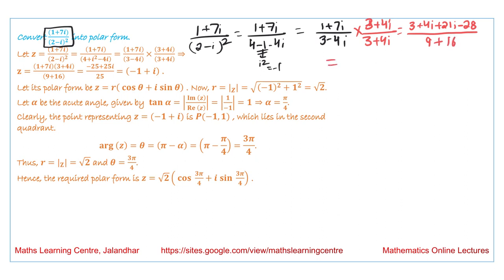So this answer comes out to be equal to minus 25 plus 25 iota divided by 25, and this is equal to minus 1 plus iota. Now if we look at this number, it lies in the second quadrant.